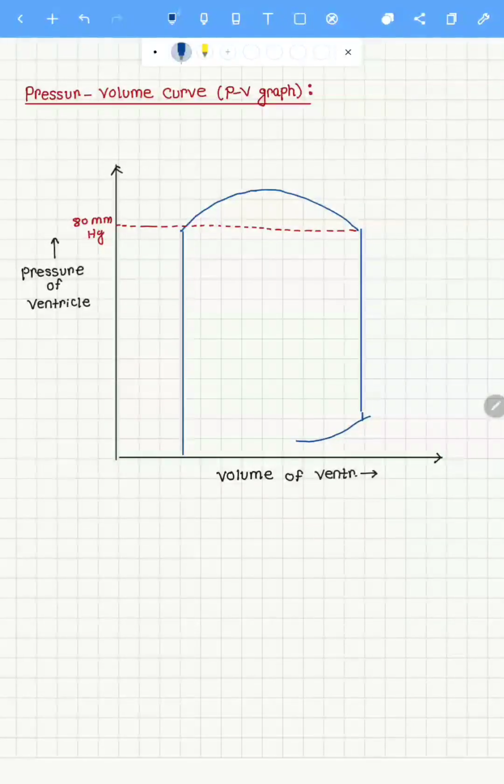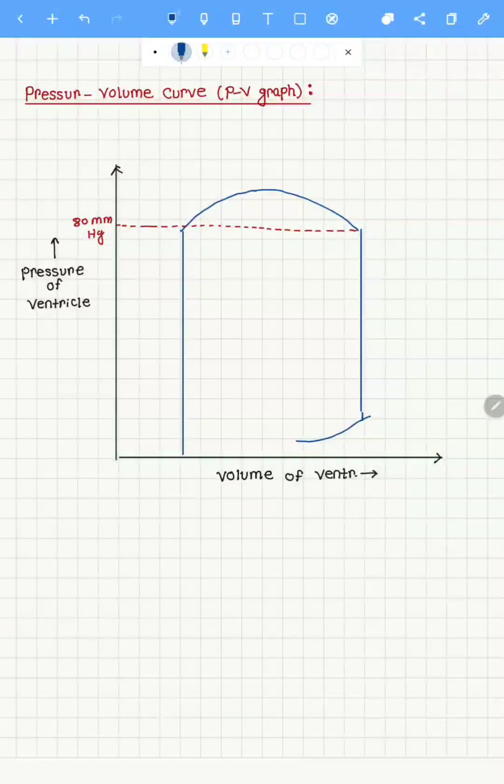Now here comes the rapid passive filling. During the rapid passive filling, the AV valves will open, or the mitral valves will open. So the blood from the atria will go rapidly into the ventricle, and the ventricular pressure will go a little higher. After that, slow passive ventricular filling will follow, which is also called diastasis. And after that, the first phase will repeat itself, which I had drawn earlier, and the cycle will go on and on.